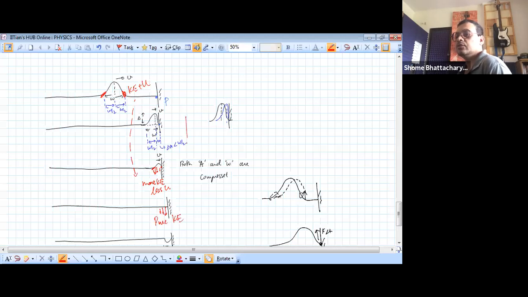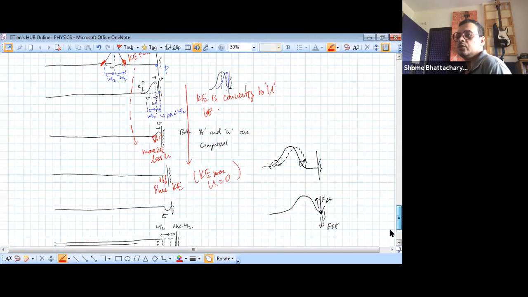So all the time as you're going from here to here, what is happening? Potential energy is converting to kinetic energy till you reach this situation where kinetic energy becomes maximum, potential energy becomes zero. That is when the string looks like its displacement is zero for an instant.